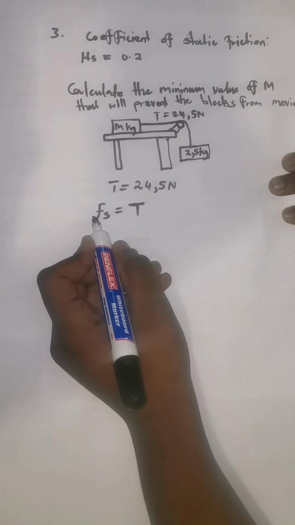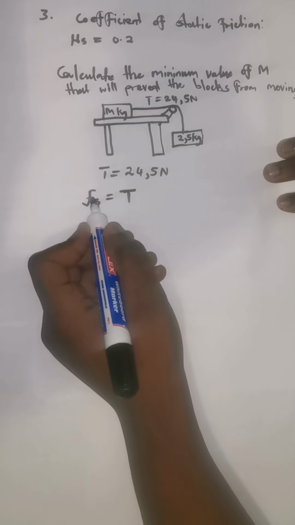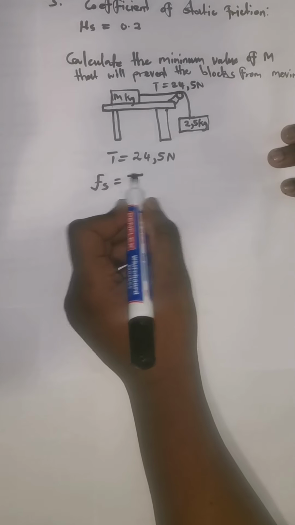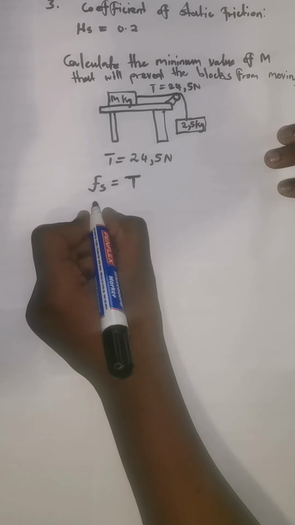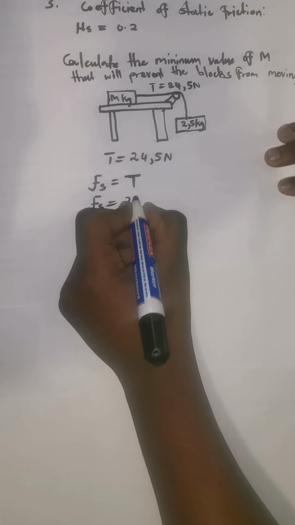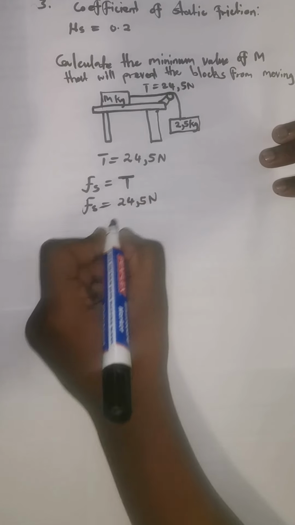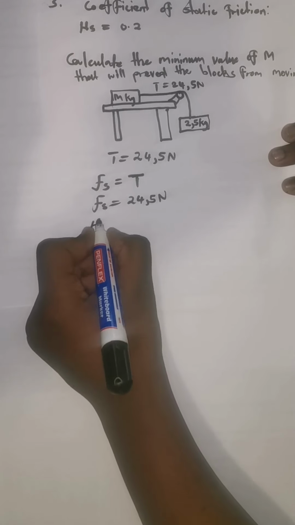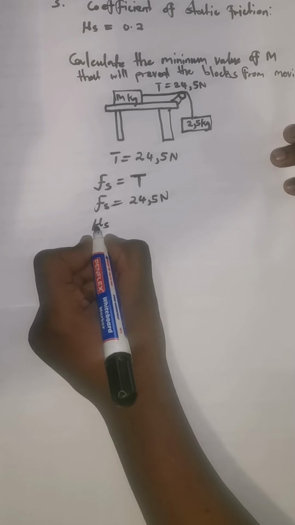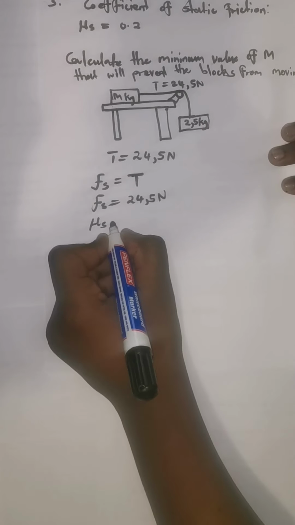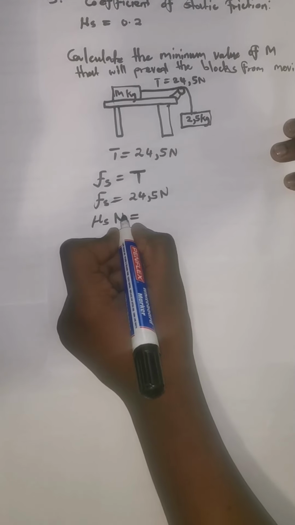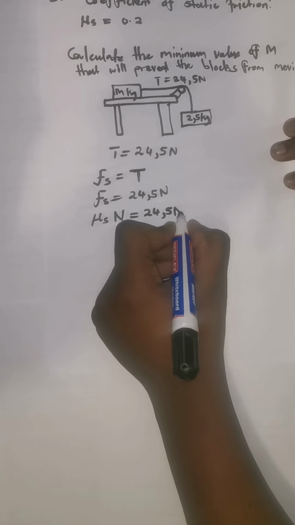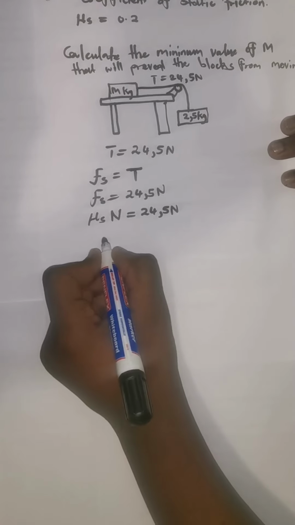So the static friction force is equal to the tension in the Y. And as you know, from the formula of the static friction, it's going to be mu times N is equal to 24.5 newtons. We have that value right there.